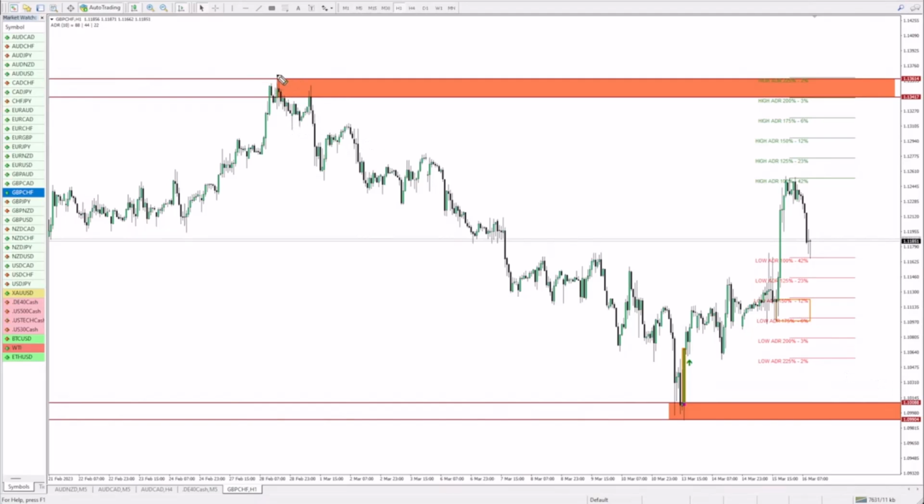So what I will then do, once we've got this zone in place, is expand it to the upside by usually a quarter to a half an ADR, right? So ADR on this pair is 88, half an ADR is 44, a quarter of an ADR is 22.